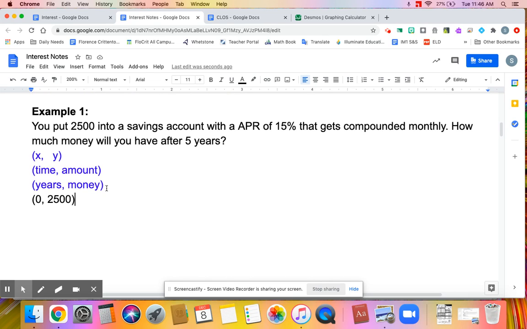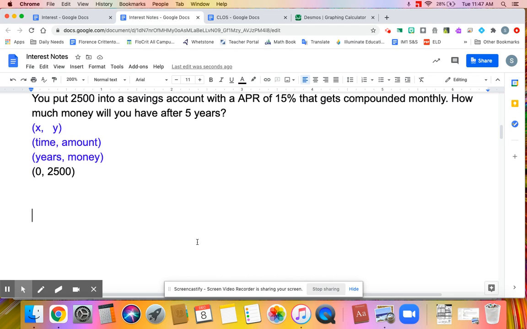So here's what's going to happen to my money. That $2,500 is going to get added on because I'm earning 15% of it every month, except I don't get 15% each month. That 15% is my yearly interest rate. So going away from my little table for a minute, and I'm just going to write some math.